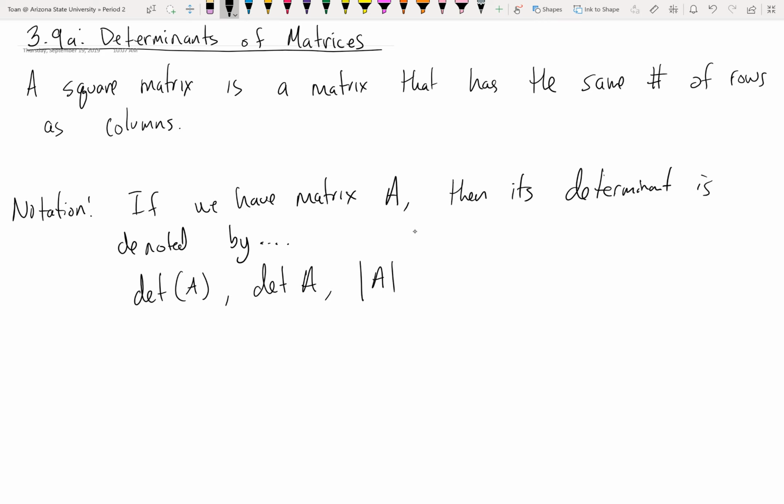Now I know in math, typically when we see vertical bars, we think of absolute value. If the context is matrices, that's not absolute value, that is determinant. Right? You don't have to put the matrix name inside of those vertical bars. If you were to put the whole matrix itself, that would also mean determinant.